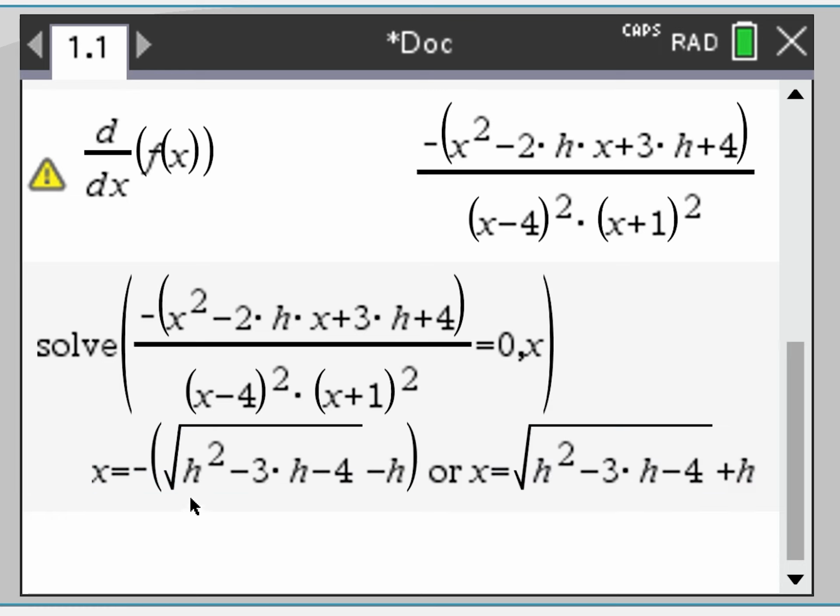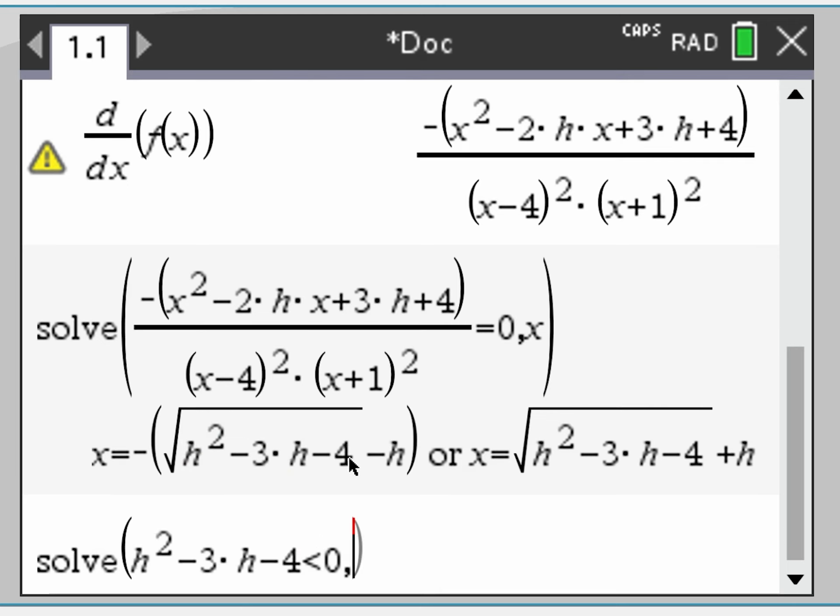If you notice, there is a square root, meaning that if I make the square root undefined, then the whole thing will become undefined, and the square root term is the same for both of these. So technically all I have to do is make this quadratic expression of h less than 0, because if this is less than 0, then the square root will be undefined and therefore there will be no solutions, right? So let's solve for that h term less than 0, comma h.